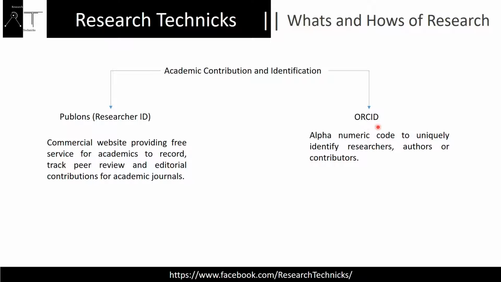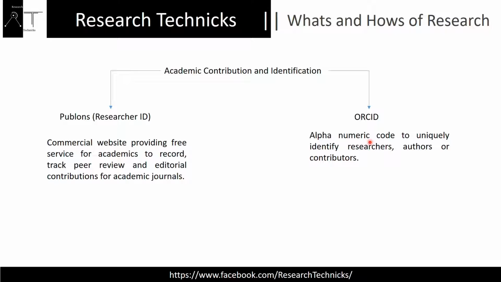Next is ORCID. This is an alphanumeric code that uniquely identifies a particular researcher, author or contributor. So there will be no confusion even if the name is the same, even if the type of work is the same.